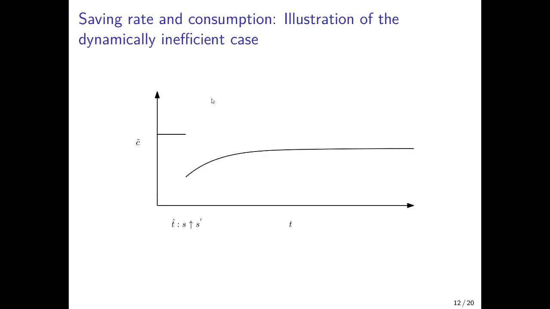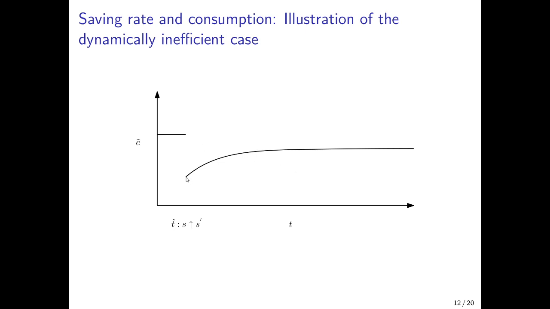However, if we start from a saving rate that is already higher than the golden rule saving rate, then we would observe the following. Again, we have consumption per unit of effective labor on the vertical axis, time on the horizontal axis. And at time t hat, again, the saving rate increases from S to S prime. We see again the short run sacrifice in consumption, but the long run level that we then have is way below what we could have consumed initially.